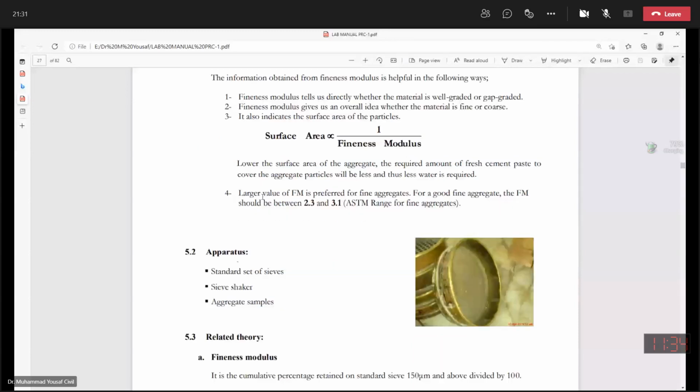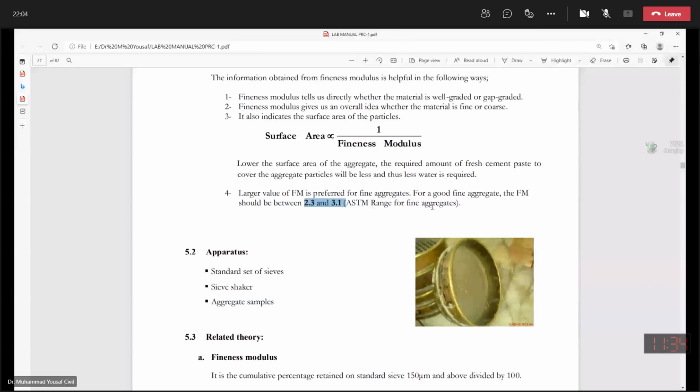Then it should be remembered that fineness modulus must be higher for fine aggregate, and generally the fine aggregate should have values between 2.3 to 3.1. This is given by ASTM for the fine aggregates.